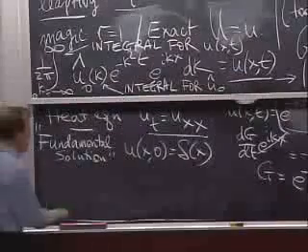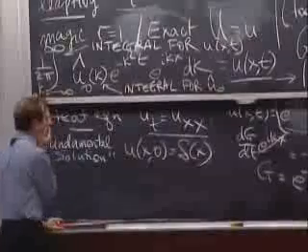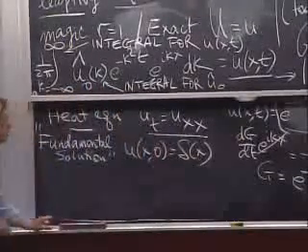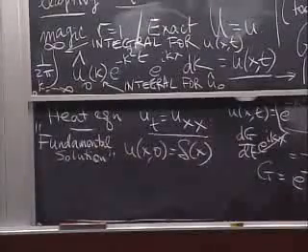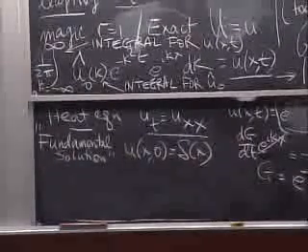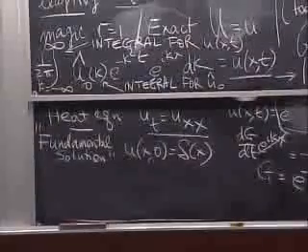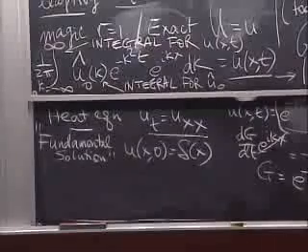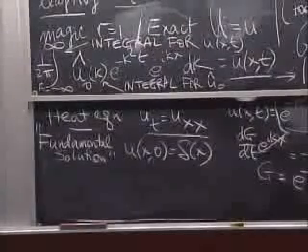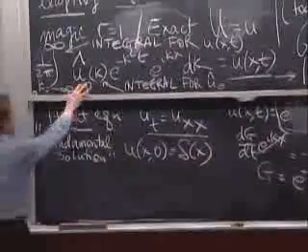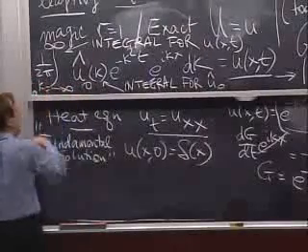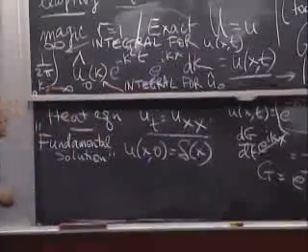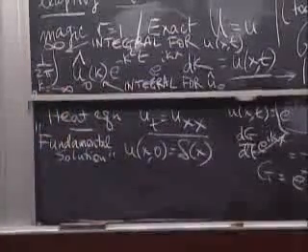Well, you could say, we've got a formula. What's the Fourier transform? What's u naught hat of k for the delta function? 1, right? The Fourier transform of the delta function is a constant, 1. All frequencies are there in equal amounts. This is a constant, so I can remove it. It's 1. And I'm left with a specific integral to do. And the question is, can I do it?